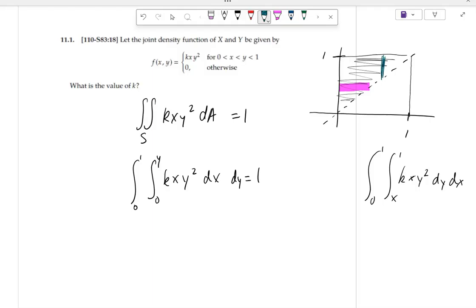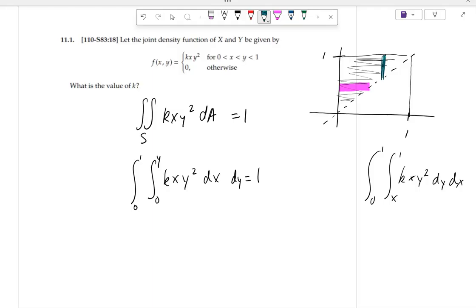Holding the x constant, integrating with respect to y first, you would go from x to 1. Remember, when you integrate with respect to y first, you hold the x constant and look at a single x value. It goes from x up to 1, versus the other way around, where it goes from 0 to y.